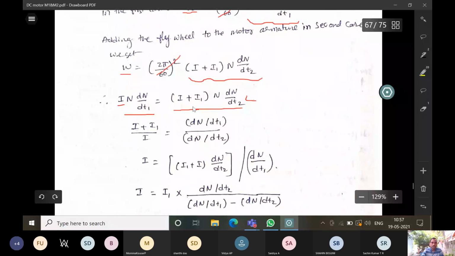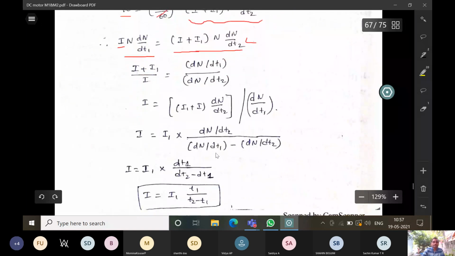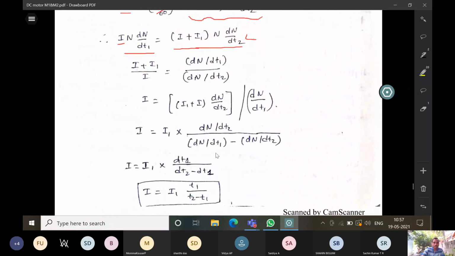So now, I plus I1 by I. Cross multiply this, and this will give dn by dt1 divided by dn by dt2. Take I outside and cross multiply again: I plus I1 plus I into dn by dt2 divided by dn by dt1.